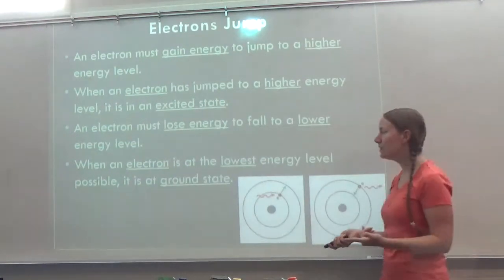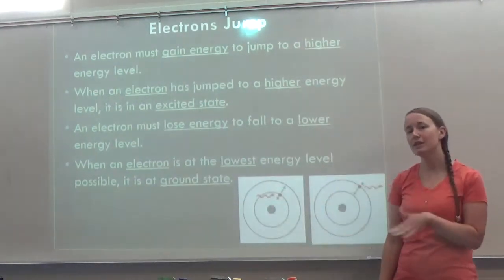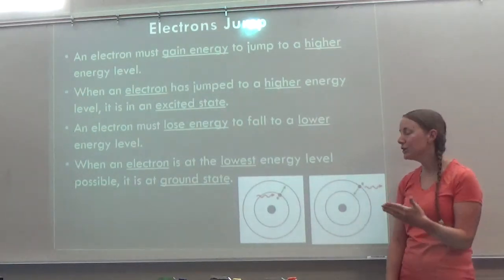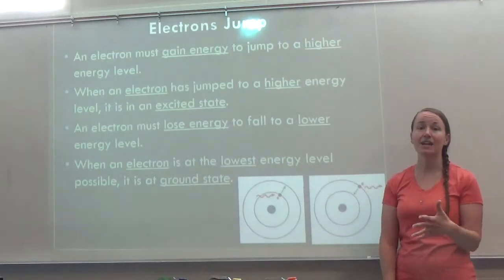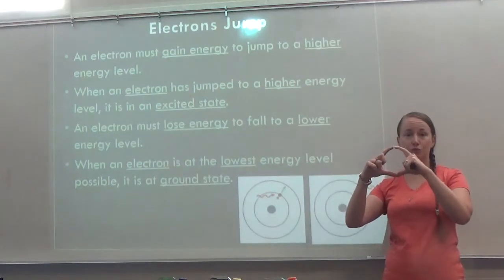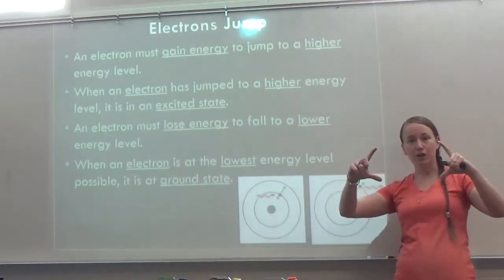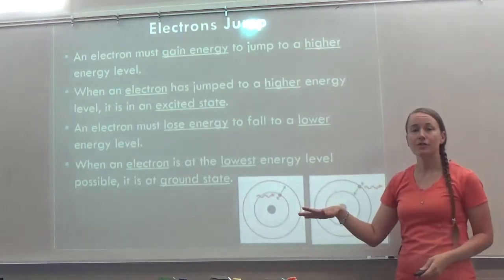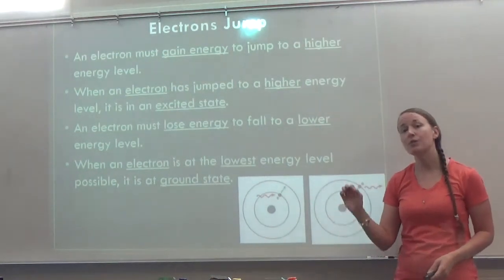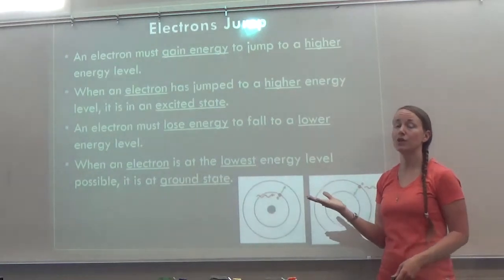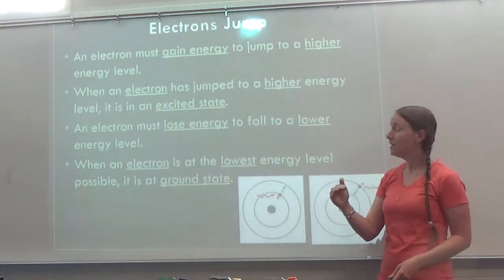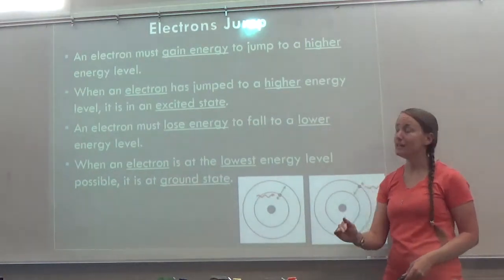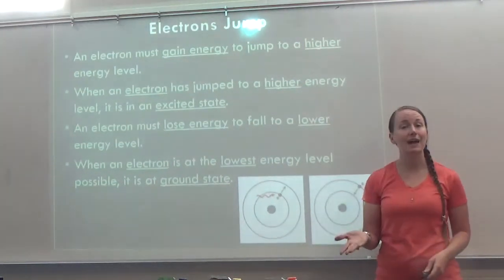Now, a lot of people confuse that and think ground state must always be energy level 1. Well, we haven't talked electron configuration yet, but I'm sure you remember in physical science where you would talk about the first energy level holding 2 electrons, and then you draw another ring when you do Bohr's model. Ground state is just the lowest energy level possible for that electron. So for one electron, the lowest energy level it could go into might be energy level 3. So ground state does not necessarily mean energy level 1. It just means the lowest energy level for that specific electron.